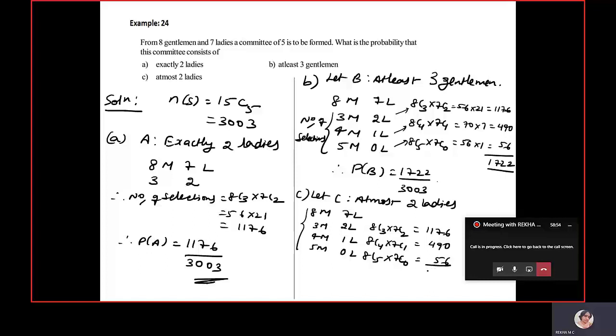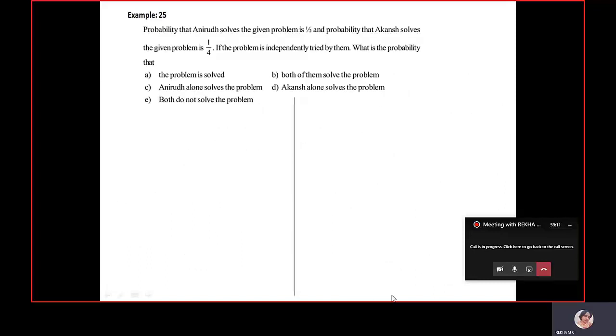So the answer is 1722. So the probability of C is equal to 1722 divided by 3003. Yes. Next question.